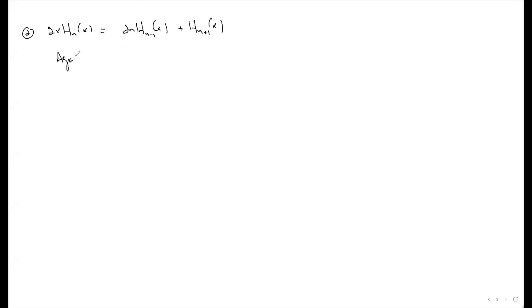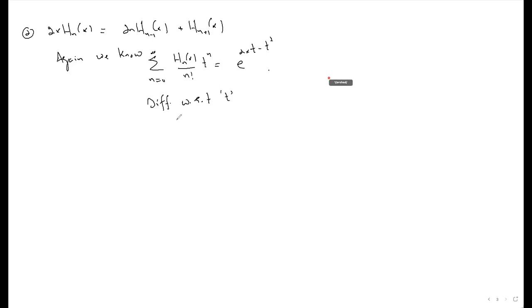Again, we know from the generating function that the summation n running from 0 to infinity h n of x divided by n factorial into t raised to power n is equal to e raised to power 2xt minus t square. Now here, instead of differentiating with x, I will just differentiate with respect to t.